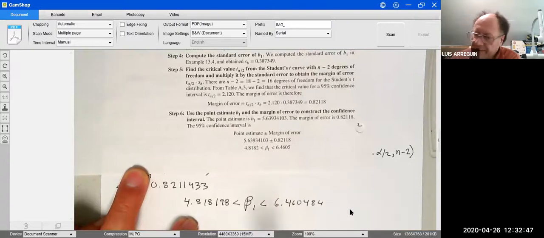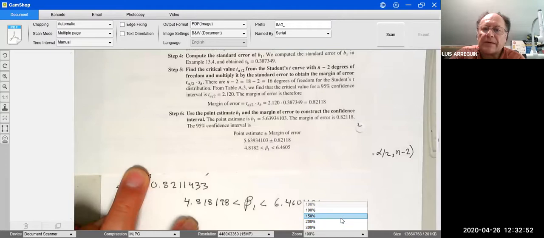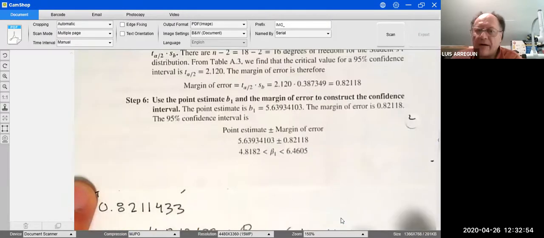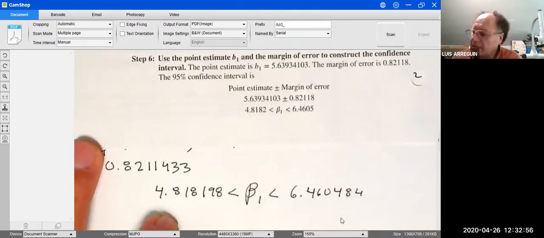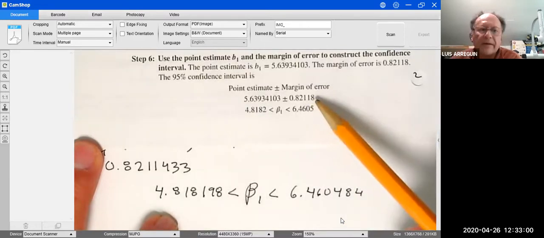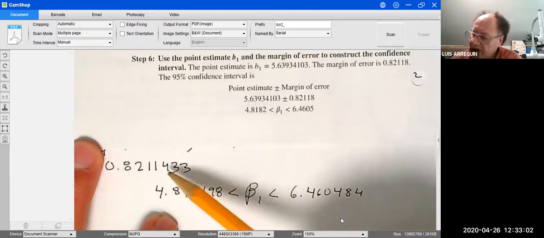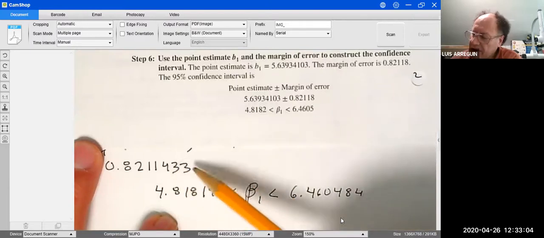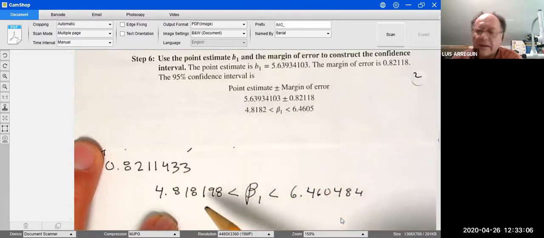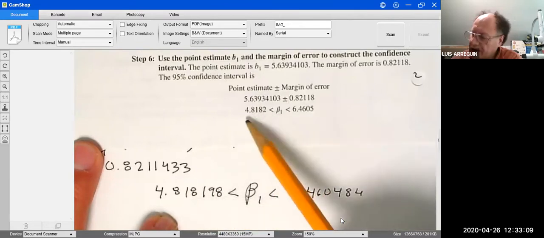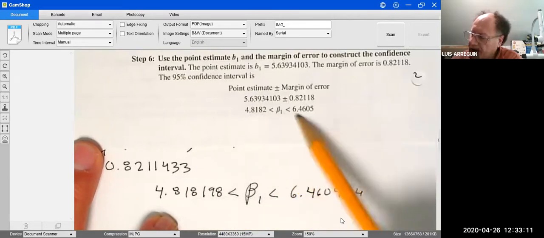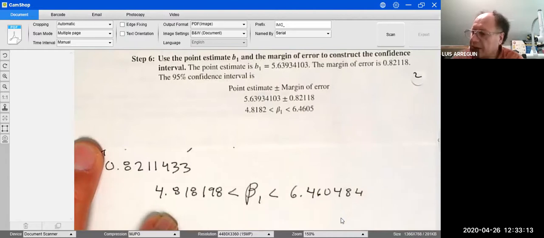The margin of error here is indicated. You can see here that they found 0.82118, which is slightly different from ours, and then the lower limit, then the upper limit. So essentially we got the same answer.